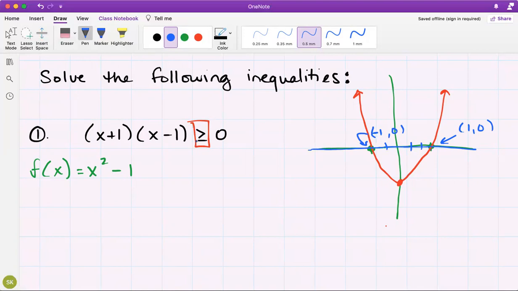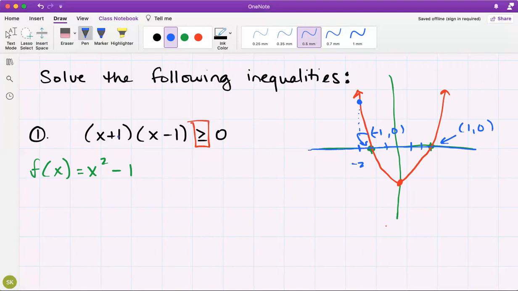I want to find everything that gives you something above the blue line. So if you choose anything smaller than -1, let's say you go with -2, then this point will be right here on the graph, which is above this blue line. And in fact, anything from -1 to negative infinity will be above this blue line. And anything from 1 to positive infinity will be above this blue line.